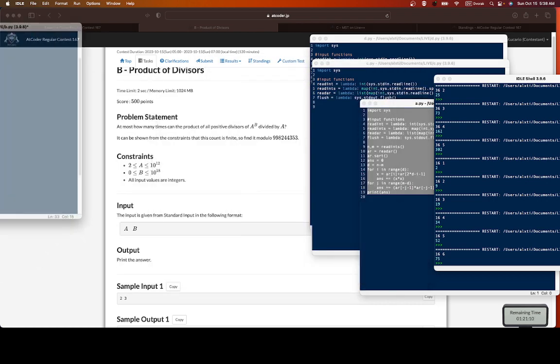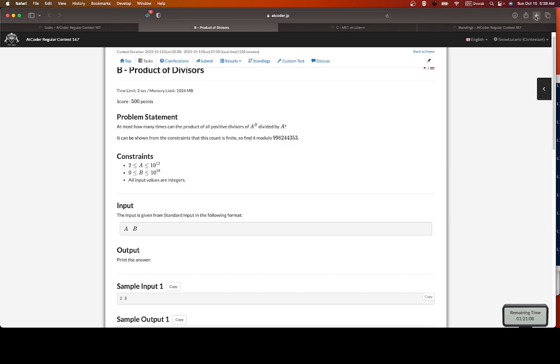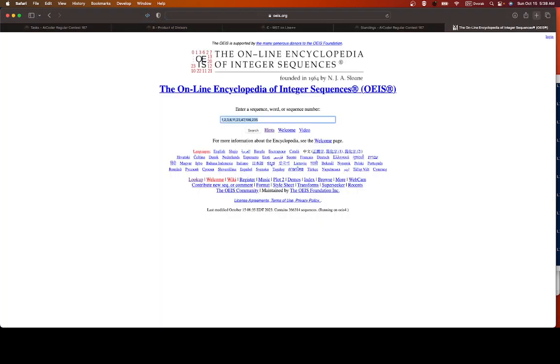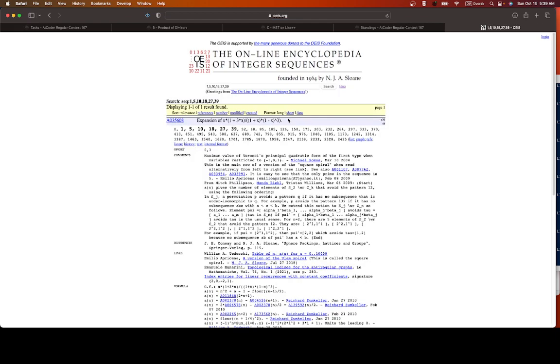Okay, I mean, at this point, we may as well just go. Yeah, I'm using the last ditch effort, which is this. So we obviously know what's going on with some of the cases. What is going on with 1, 5, 10, 18, 27, 39 square cases?